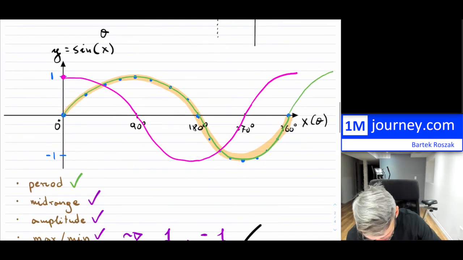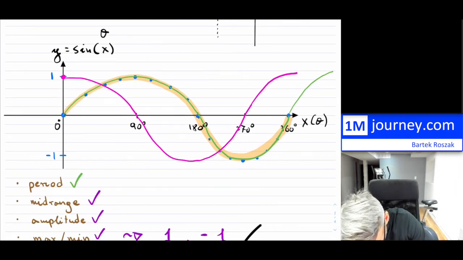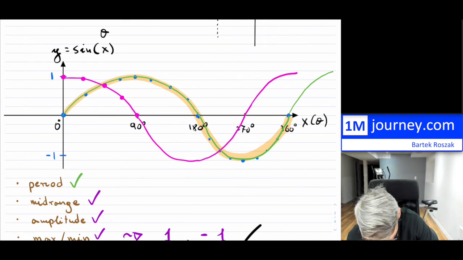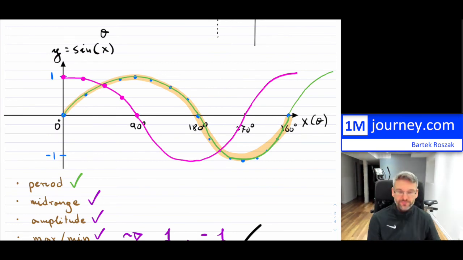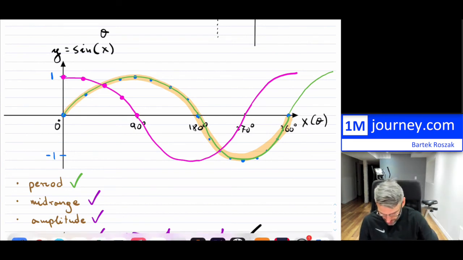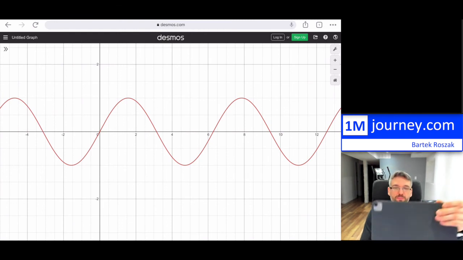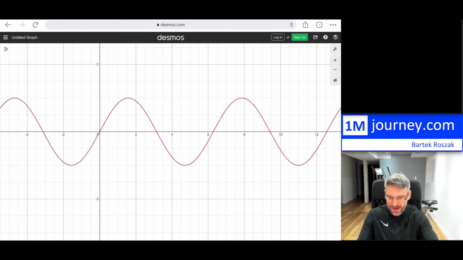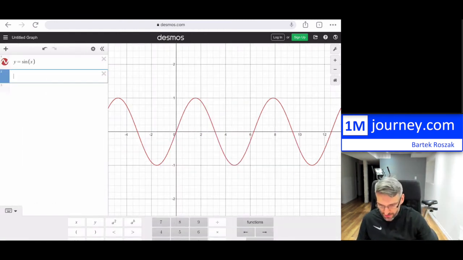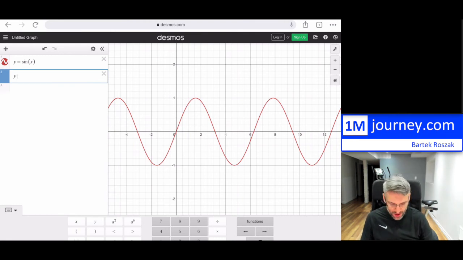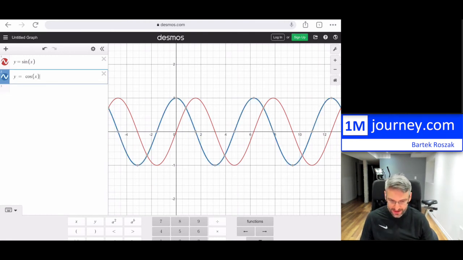It's kind of interesting that that's what you have. Right here they're the same, right here it's about a half, then it's here, and it continues onwards. Let me plot it for you on decimals. If I go back in here, I'm going to plot it on the same graph, with y equal to cos of x.